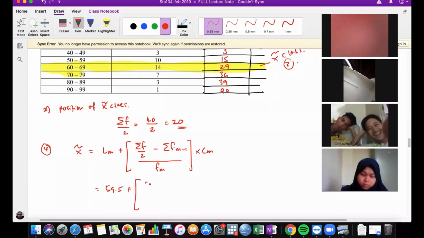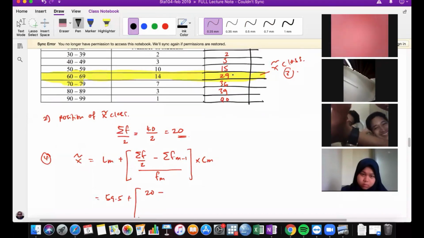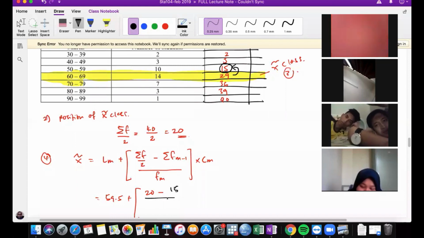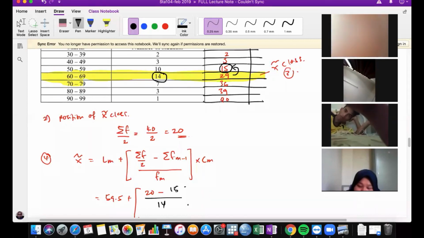Then minus summation of F m minus 1, which means the cumulative frequency before the median class, this one, 15, divided by the frequency of the median class, 14, and multiplied by the class size of the median class.